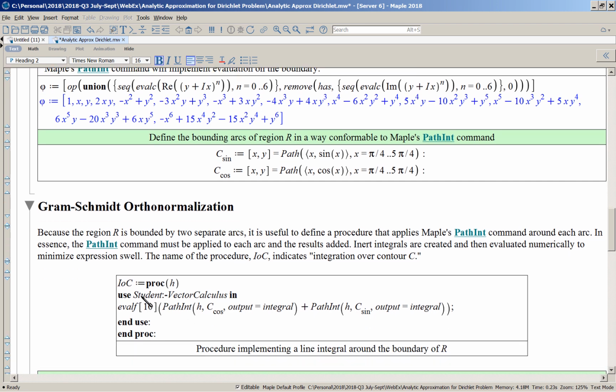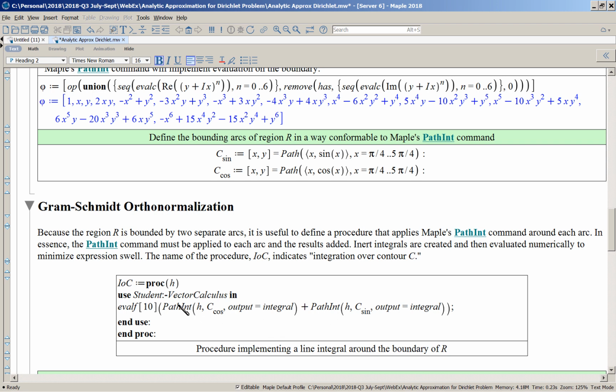So I wrote a little procedure: integrate on contour. It generates the sum of the two path integrals, one on the cosine branch and one on the sine branch.